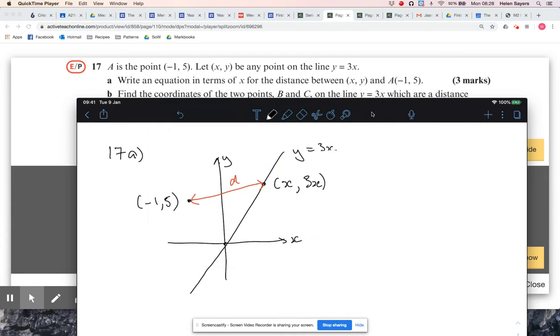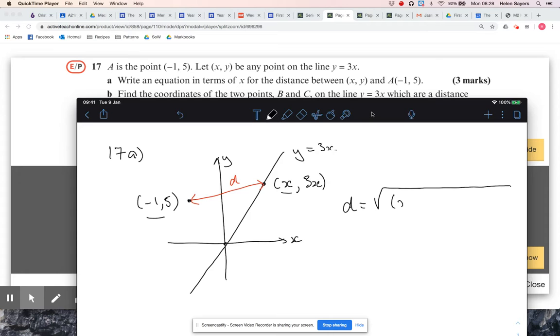Okay, so find the distance between two points. It's basically using Pythagoras. So d is going to be the square root of (x minus x1) squared.